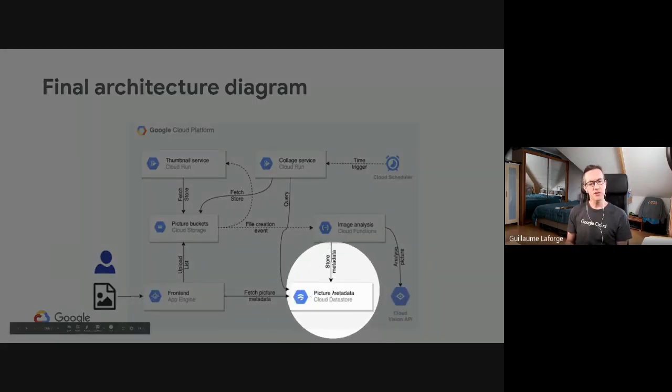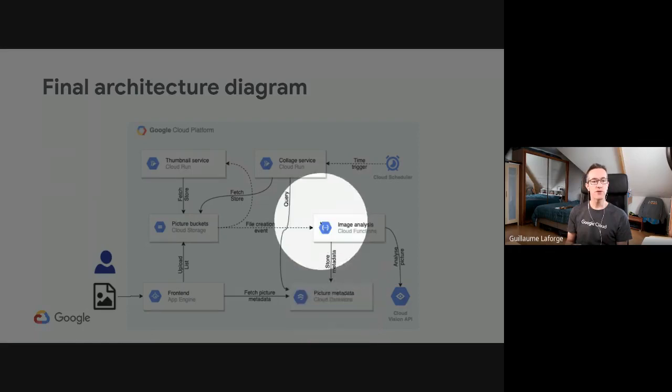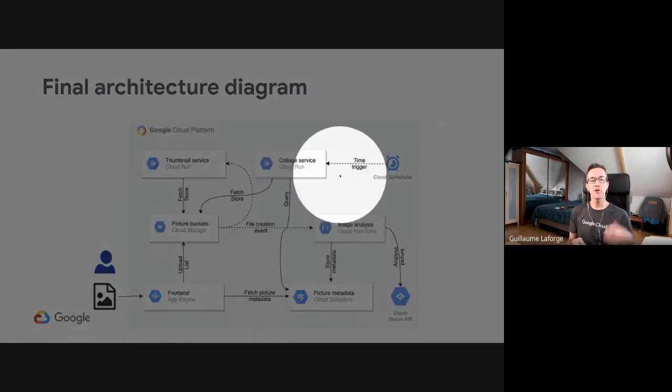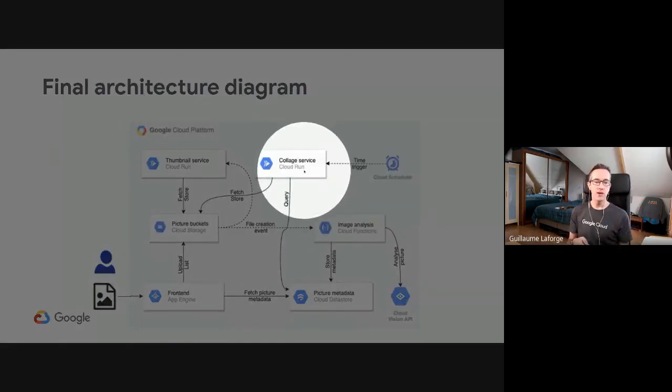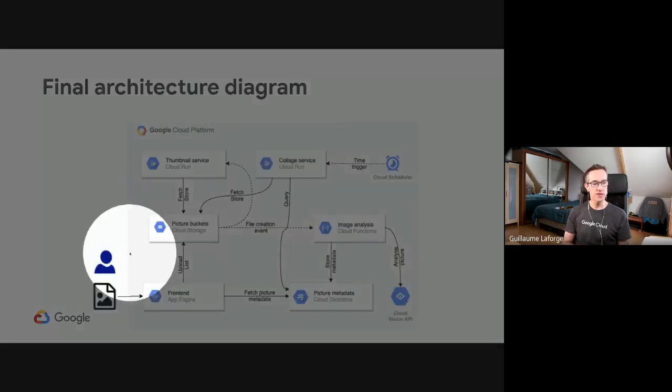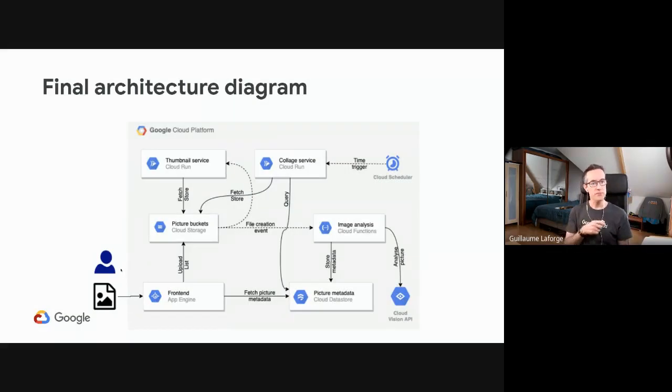Oh, I wrote Datastore, but it's Firestore here, not Datastore. I didn't see that before. And the collage service, which is running on a regular schedule, creates the latest 4 pictures together. And that's about it. And the user, that's going to be you or everyone using your application.